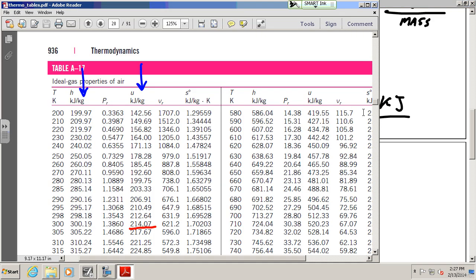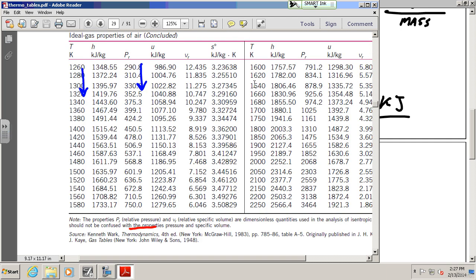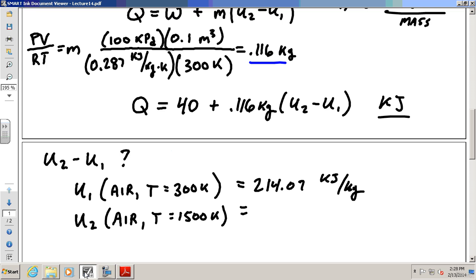Okay, let's go to the next one. The other one is 1500 Kelvin. For that one, it's on the next page. It's going to be 1205.41 kilojoules per kilogram.